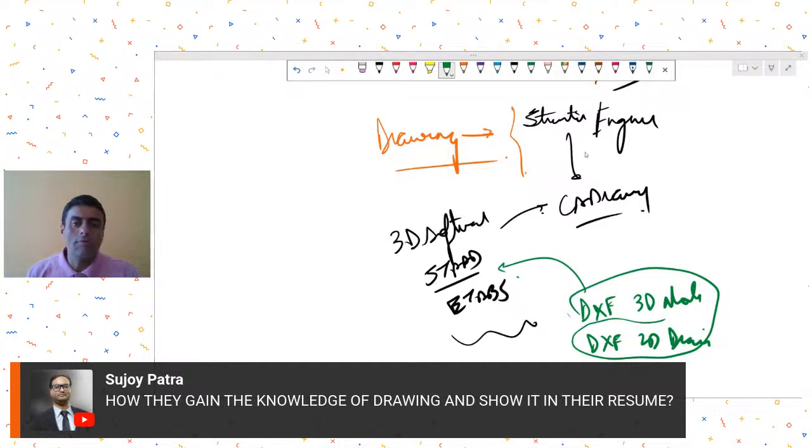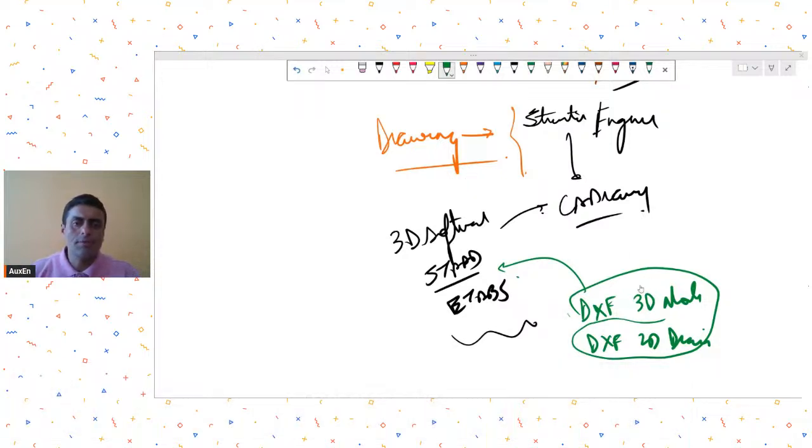Even though you are not preparing good for construction drawings, because you are importing it to software like ETABS, STAAD, you require those skills. So yes, drawing is integral. Learning any CAD related software is quite important and a necessary requirement for you as a structural engineer. So how to gain the knowledge? Just as I answered, maybe by doing some internships or learning these software from online mediums or working somewhere. Those are the options to learn.